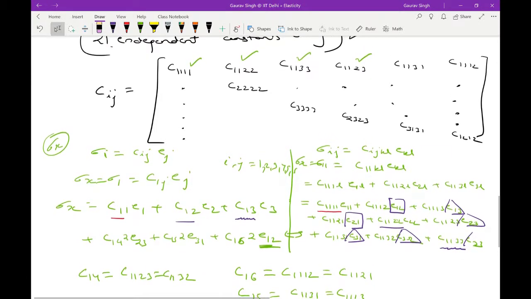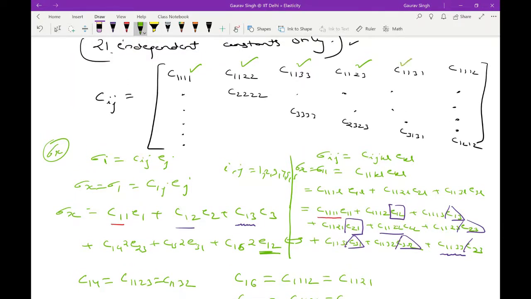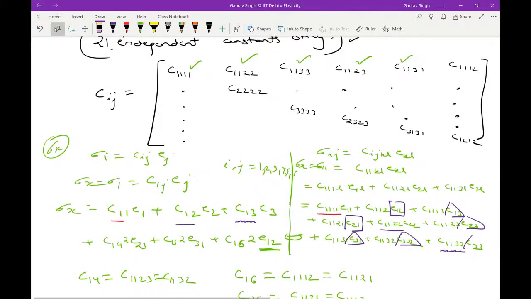And C15 is C1131 and C1113. And similarly C16 is C1112 or C1121. So that's how you can see that the relationship between this void elasticity tensors, which is Cij, can be related to the general Hooke's law, which is the Cijkl elasticity tensor. And this I have done for the first row.